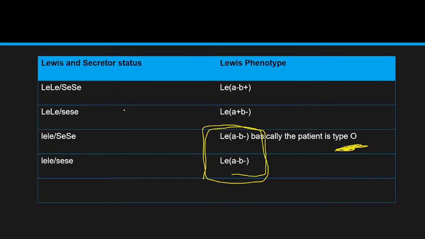Nagets ba? Nagets mo ano? Nagets mo dyan, Mediana? All right. Thank you. So I don't need to repeat na ha. All right. What about John Ilagan, did you understand? All right. Pag tinanong kita mamaya ha, John Ilagan, ibibigay ko si Creator status at saka ang Lewis phenotype ay Lewis genotype ng pasyente.